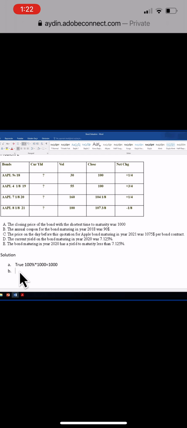Other answers? Mamiya says it's false. What are the other options? Do you all agree with Mamiya?